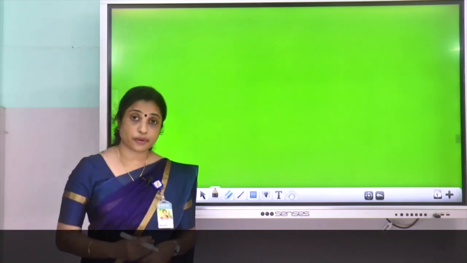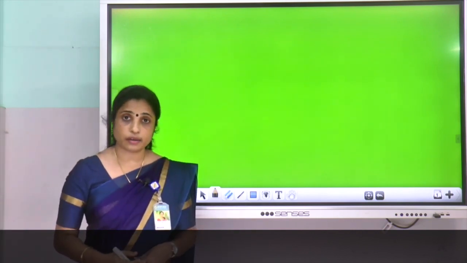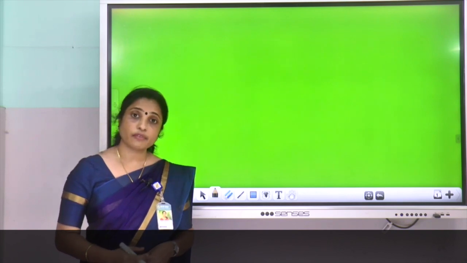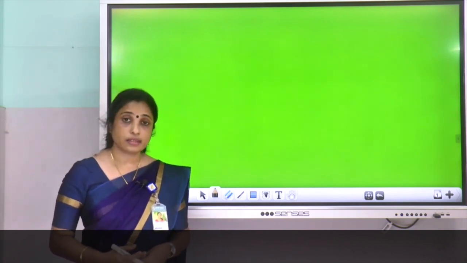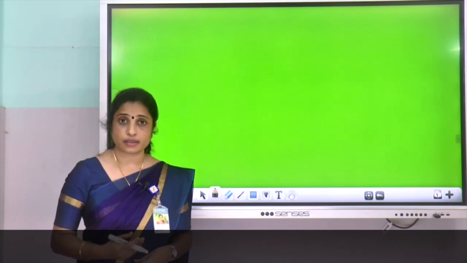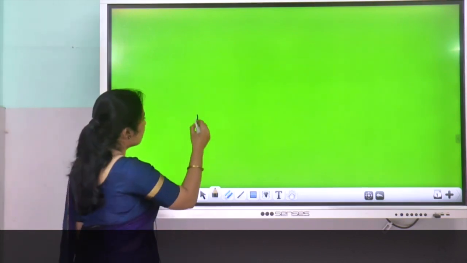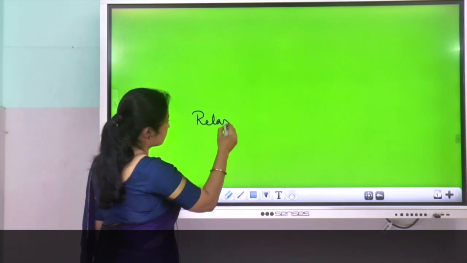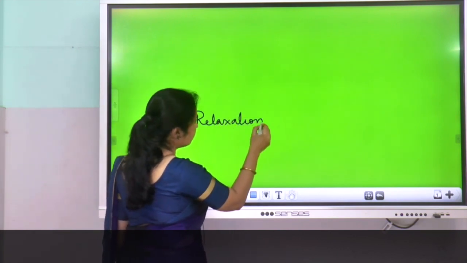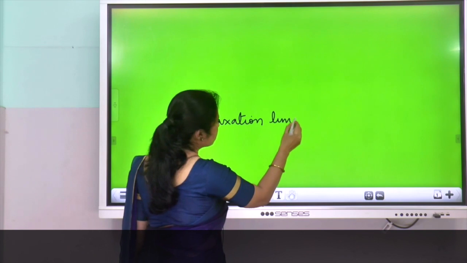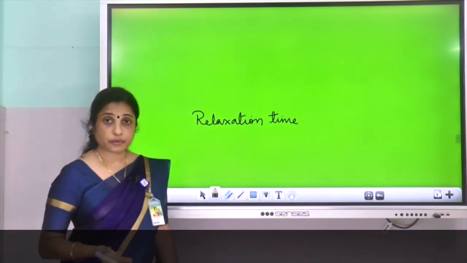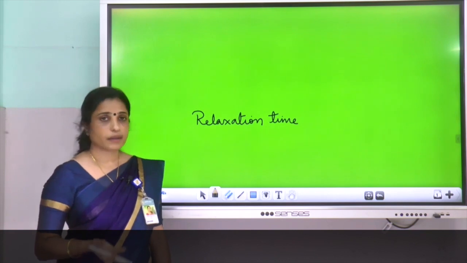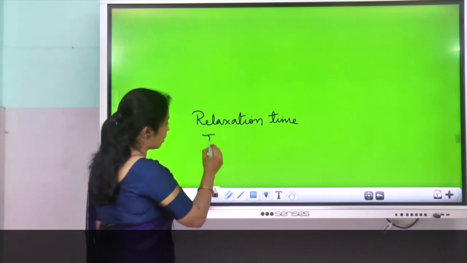Now, these free electrons collide with each other, and the average time elapsed between two successive collisions is what you call relaxation time. That is, relaxation time is the average time elapsed between two successive collisions of free electrons in a conductor. It is denoted by the letter tau.